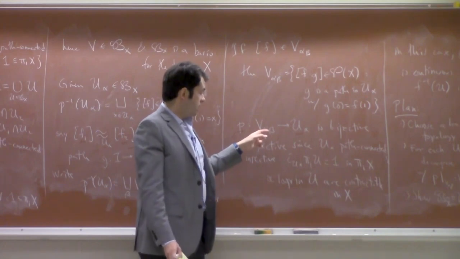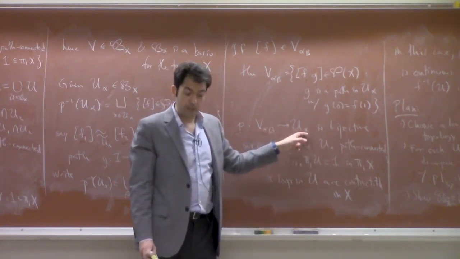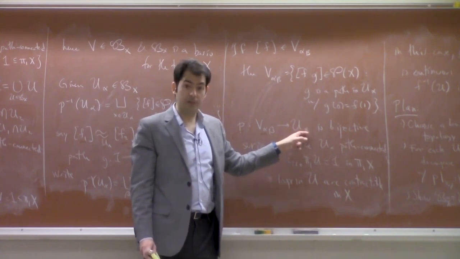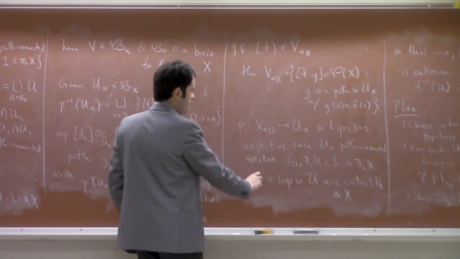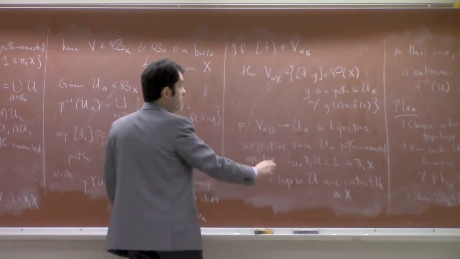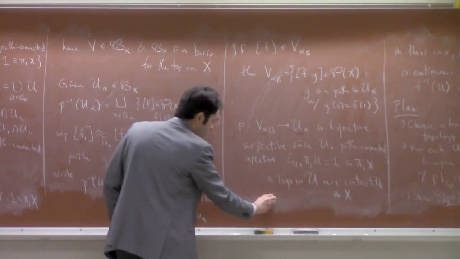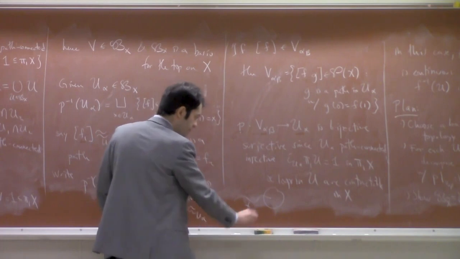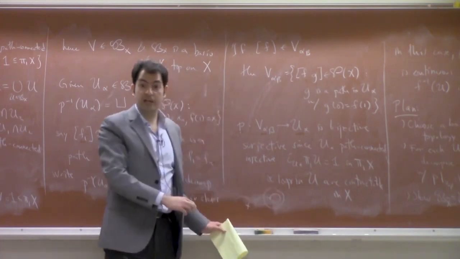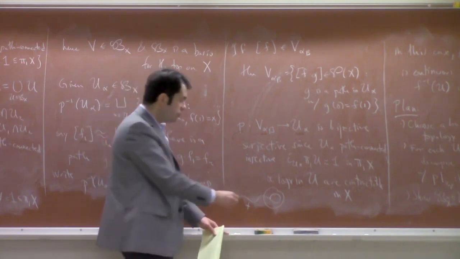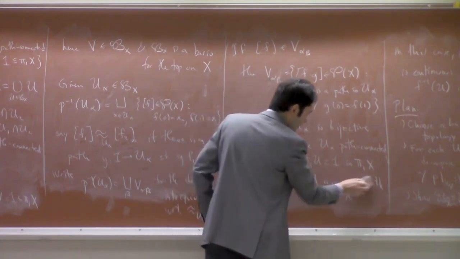So if you have two elements in here that go to the same endpoint in U alpha, that means that if I do one and then go back along the other, what I have is my path F that gets me into U alpha, and then all I'm doing is putting a loop at the end, but that loop stays entirely in U alpha.